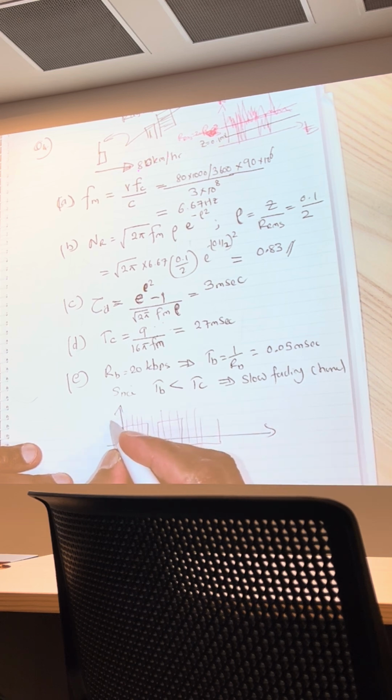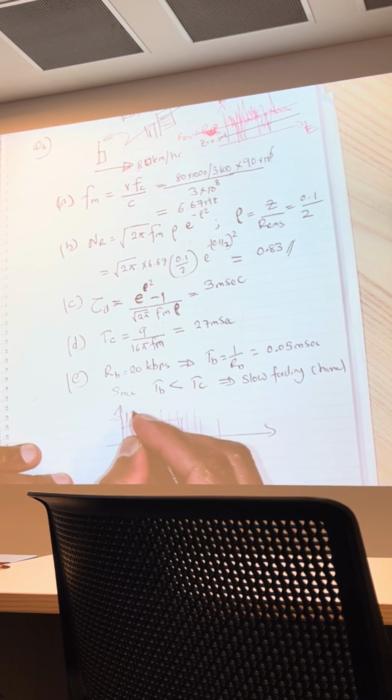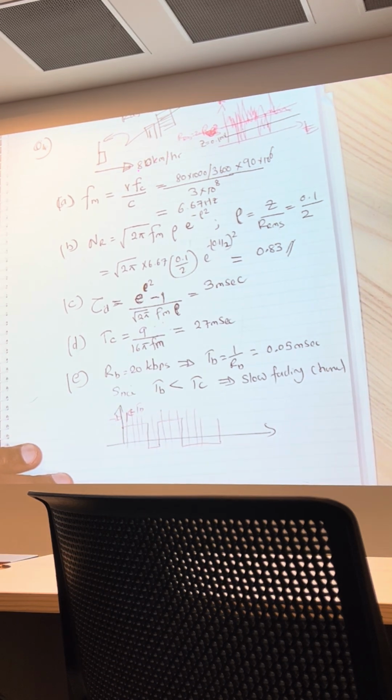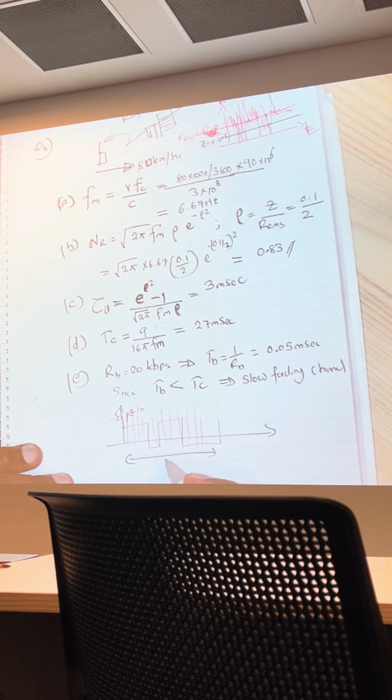The bit duration here is 0.05 millisecond. That duration is TB. And then your channel coherence time is somewhere around here, this much, TC.